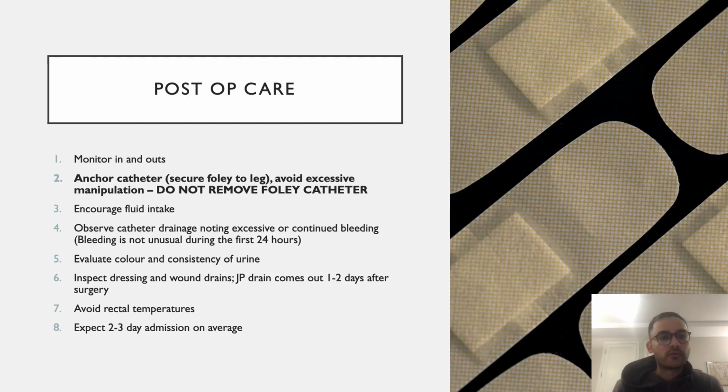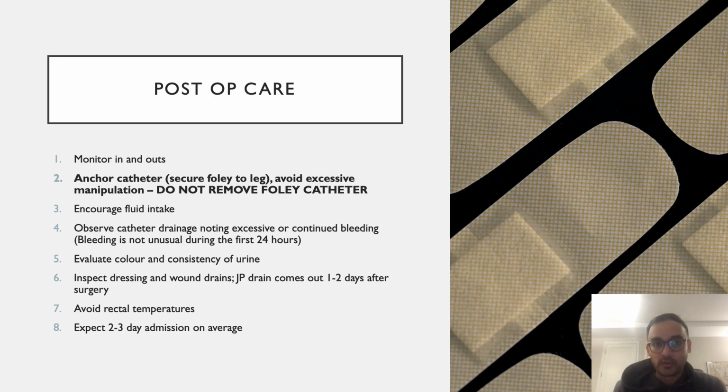Continuing on for post-op care, we will monitor their ins and outs. So keep an eye on their JP outputs, keep an eye on their Foley output. The JP usually comes out before they are discharged. They're typically discharged 1 to 3 days after surgery. It's very important to be careful with their catheter.